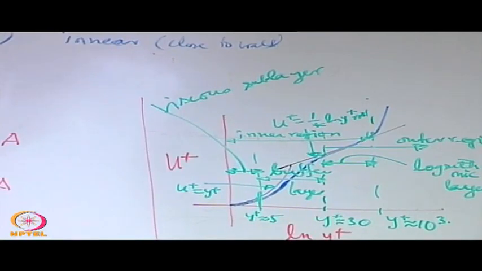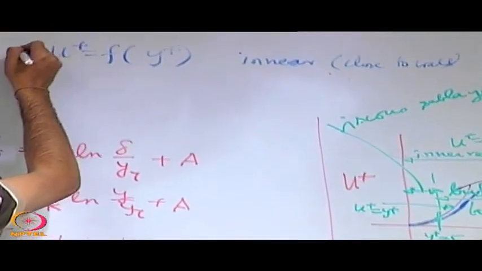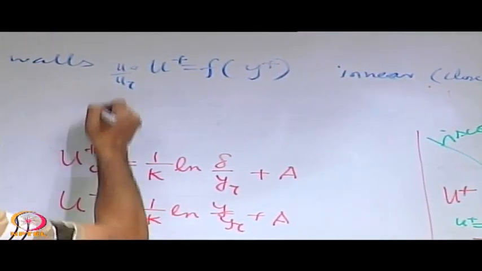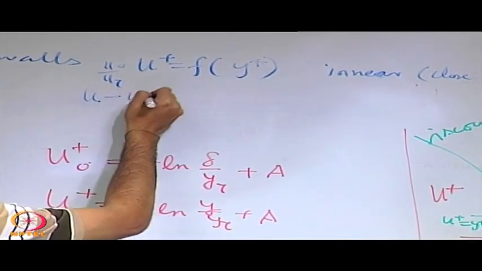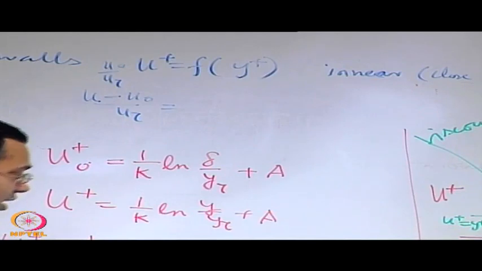If you go somewhat away from the wall, you know that u plus is u by u tau. Somewhat away from the wall, you have u minus u naught by u tau, and it is no more a function of the viscous effect.